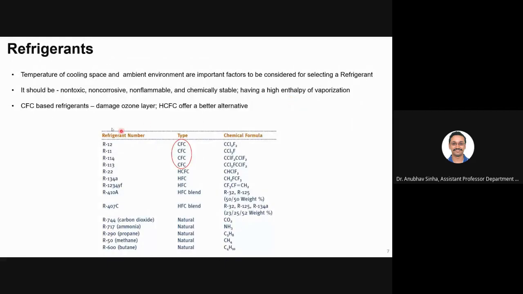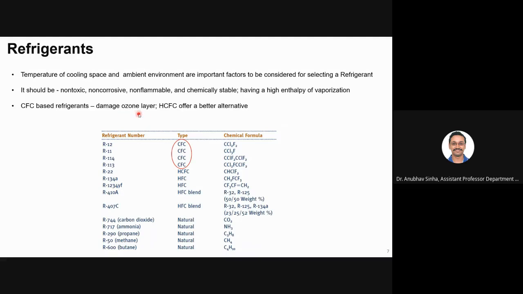And another very important consideration here is that earlier these refrigerants were very common. We have used them in fridges or ACs, but these CFC based refrigerants, chlorofluorocarbon based refrigerants, are found to damage the ozone layer.